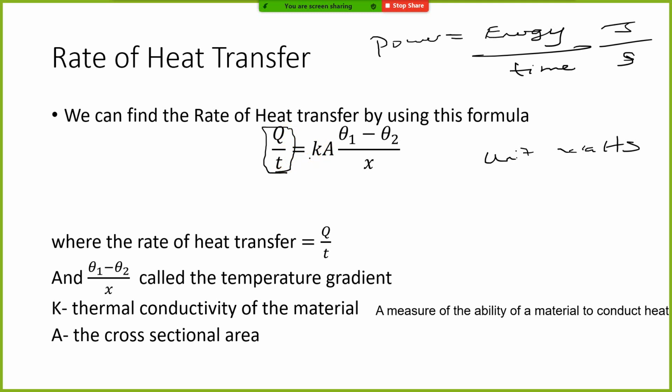So if the area of the material is much bigger, it's going to take a much longer time for the heat to travel through it, right? Because they're directly proportional, you would expect that if the area is much larger, then your rate of heat transfer is going to be much higher, right?